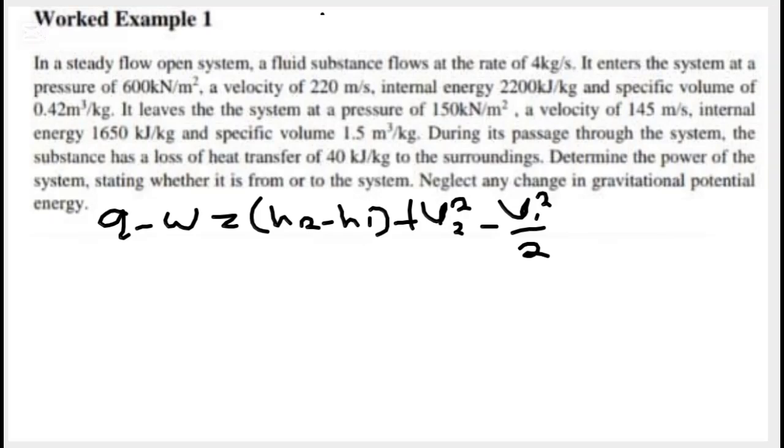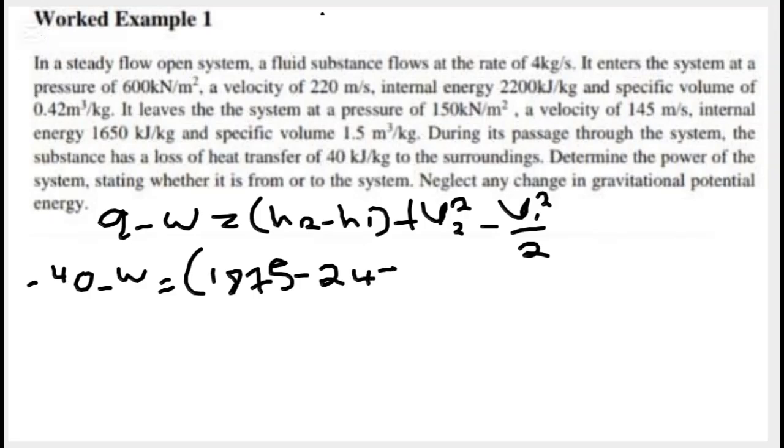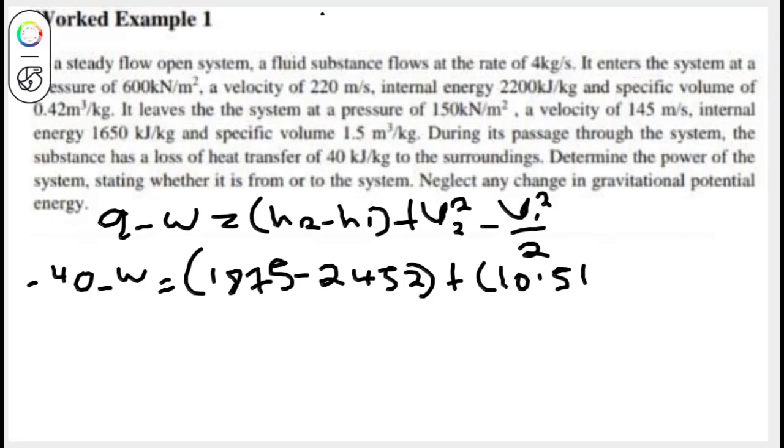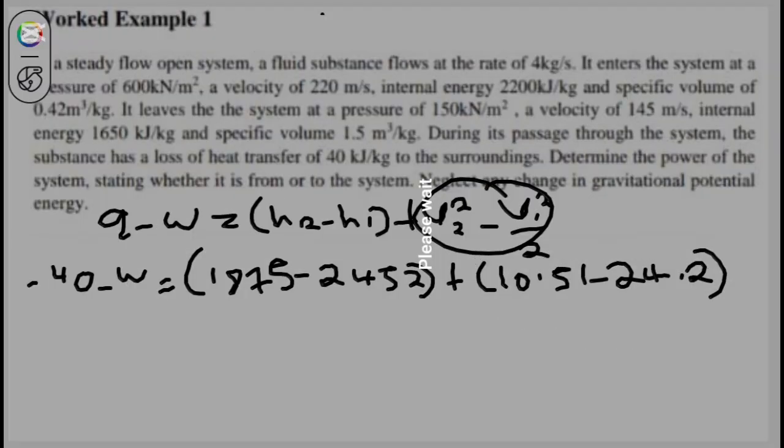So this will now be equals to, I'll have negative 40 minus W, it is the same thing as H2, it is 1875 minus H1, which is 2452, also plus 10.51 minus 24.2. Those are the values of this. So you have to take note of that.